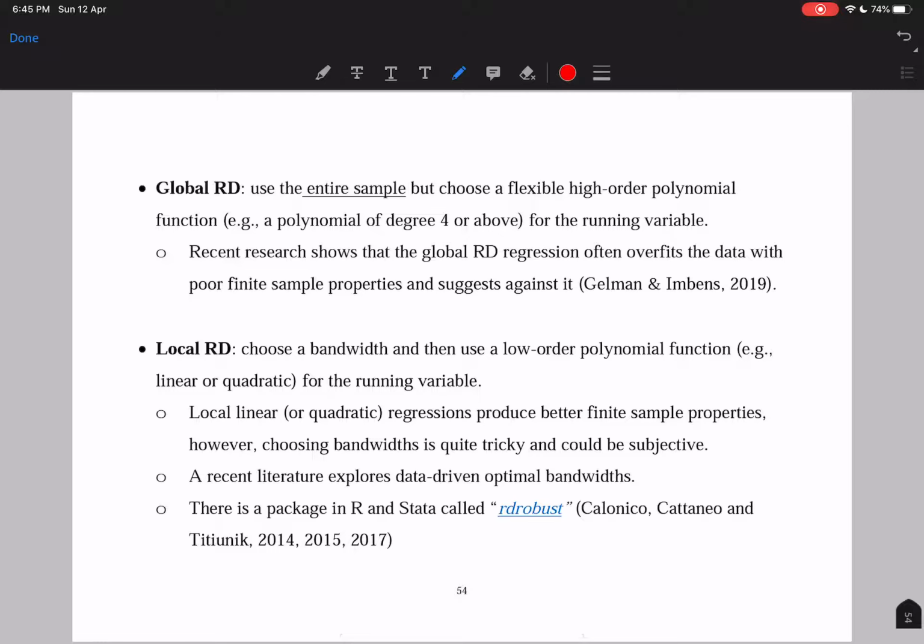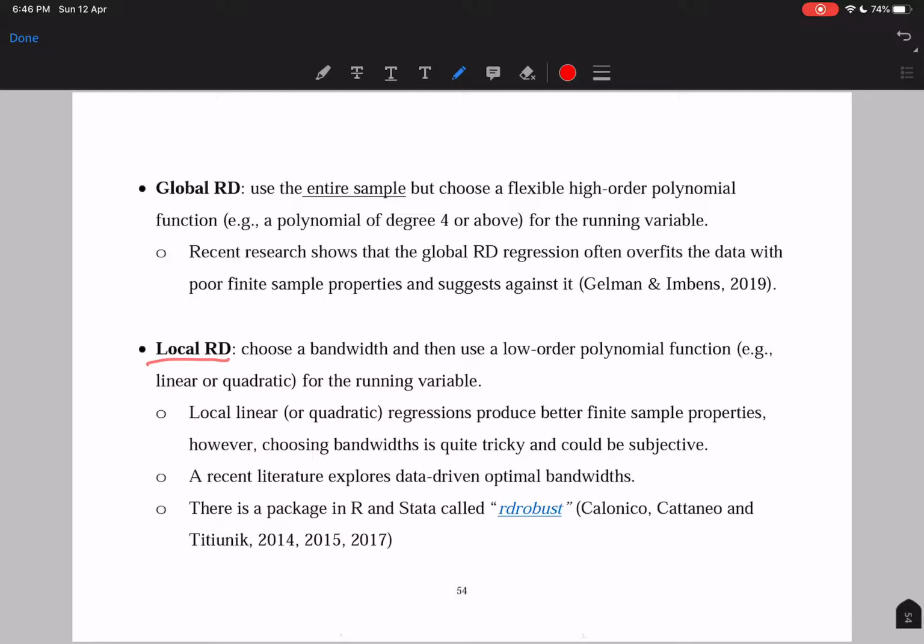However, recent research shows that global RD regression often overfits the data with poor finite sample properties and suggests against it. There's a new paper in 2019 that suggests against that. In fact, nowadays in the RD literature, fewer and fewer people use global RD anymore. Most of the time, people actually use local RD.